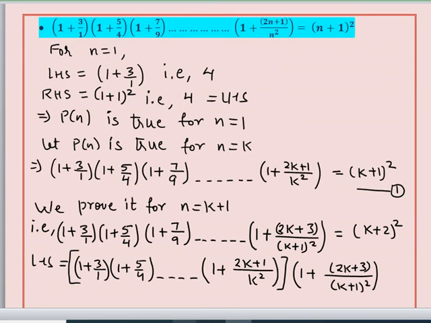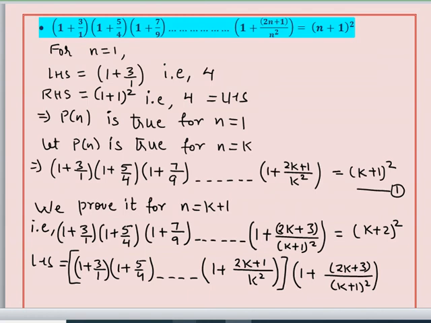So first we have verified the result for n equal to 1. When n is 1, the left hand side reduces to 1 plus 3 over 1, that is 4. And the right hand side becomes, you replace n by 1, (1+1) whole squared, that is again 4. Now coming to the next condition, when we see it is true for n equal to 1, we are ready to assume it is true for n equal to k.